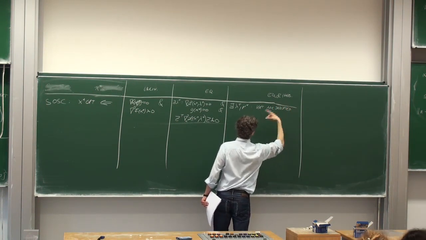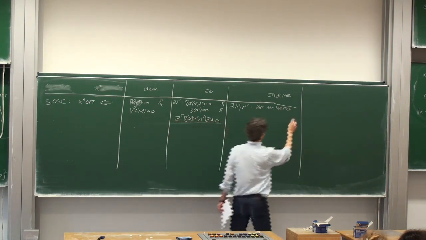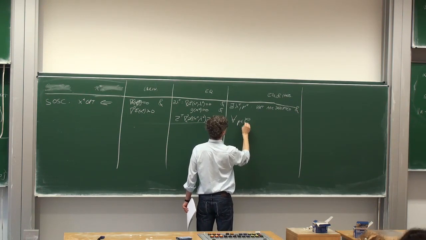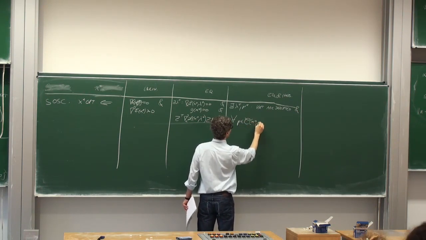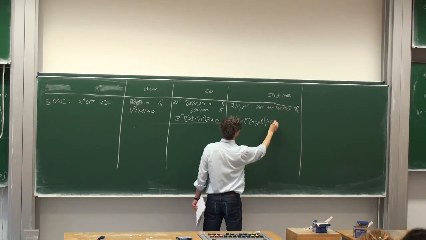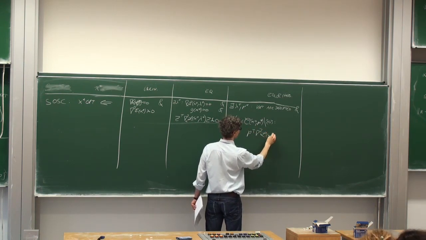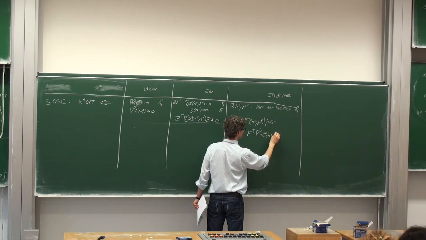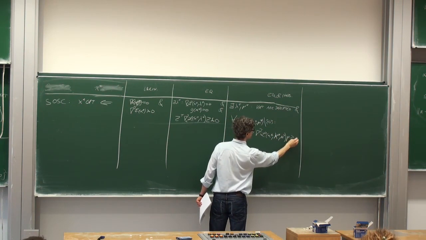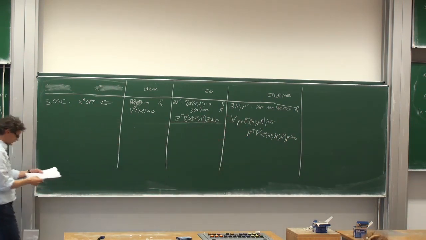So if you have found a point which satisfies these KKT conditions, and for all P that are in this critical cone, but which are not 0, you want that P transpose the second derivative of the Lagrangian at X star, lambda star, mu star, times P is strictly bigger than 0. I think that's it already.